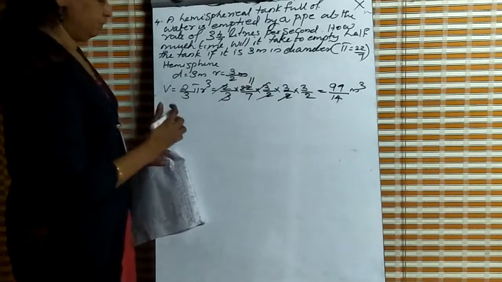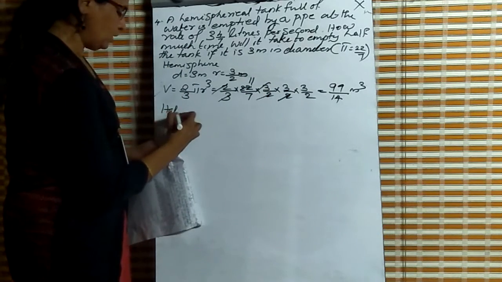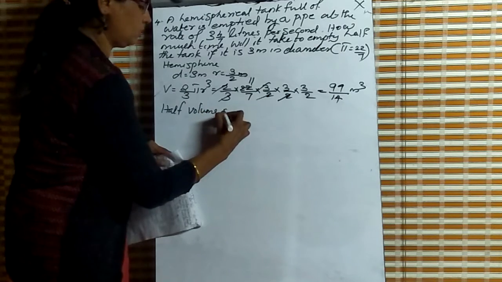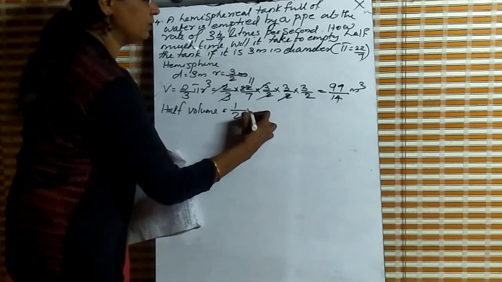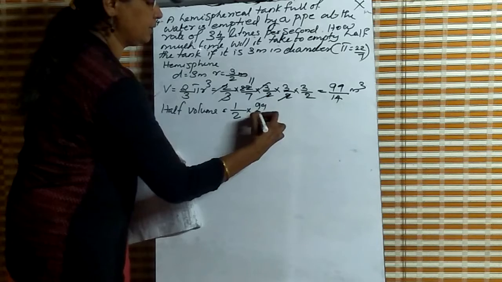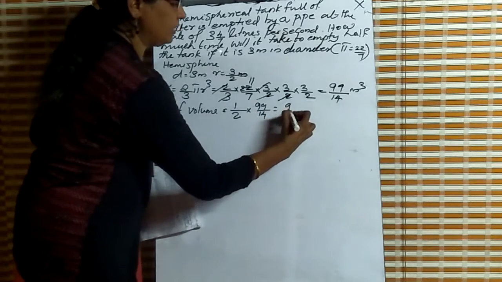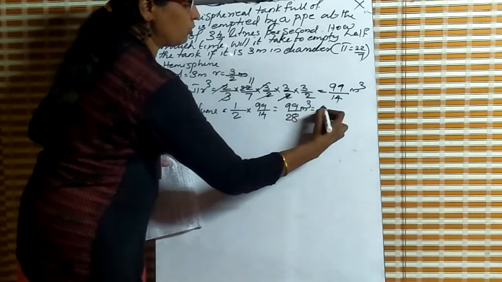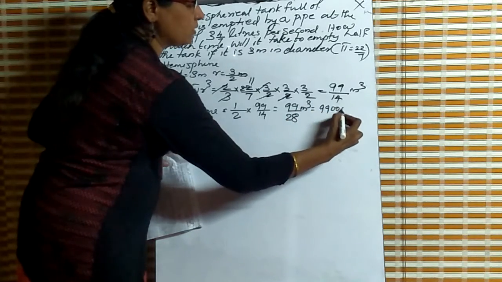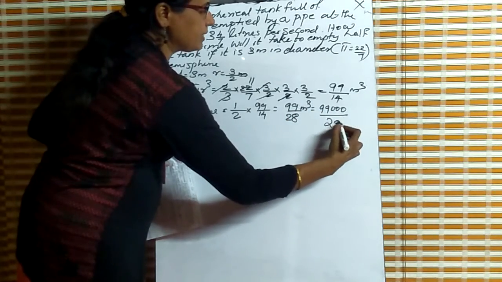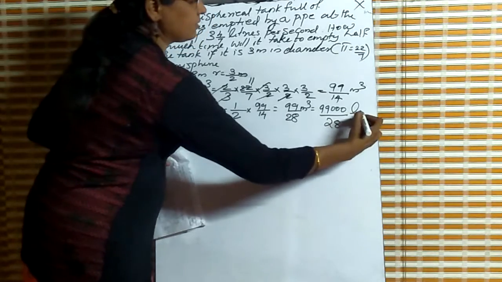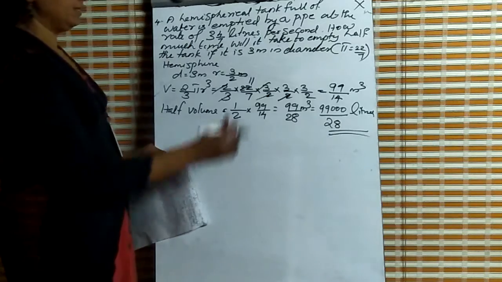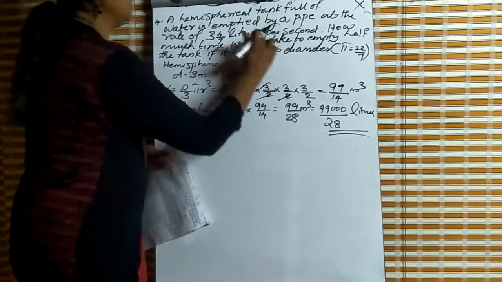This is the volume. Then half volume is equal to 1 by 2 of 99 by 14, which is 99 by 28 meter cube, equal to 99,000 by 28 liters. Half volume is equal to 99,000 by 28 liters.